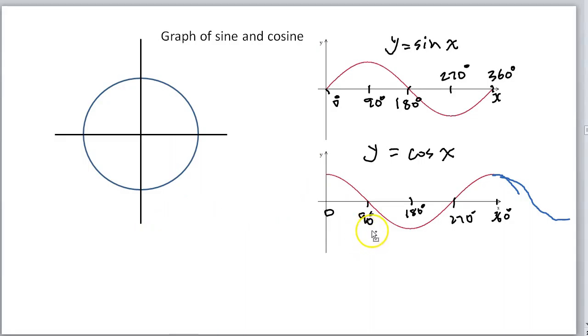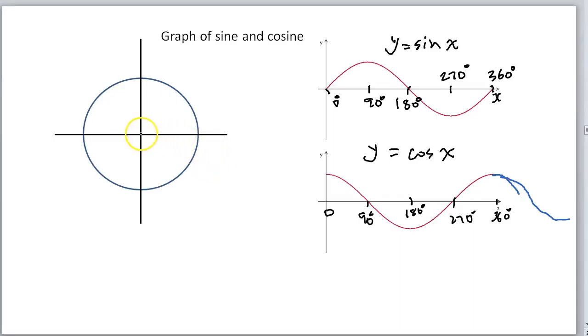Okay. So these are the sine graph and the cosine graph, which you have to memorize. Of course, if you ever get confused which one is which, you can come back to the unit circle and try out what's going on.